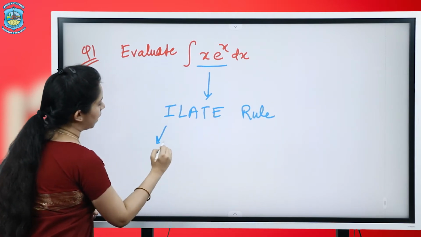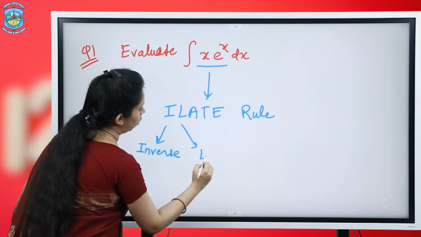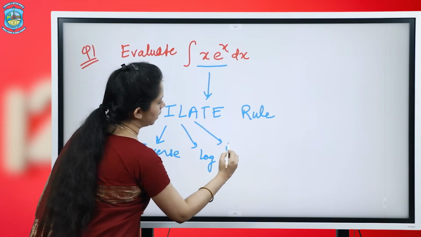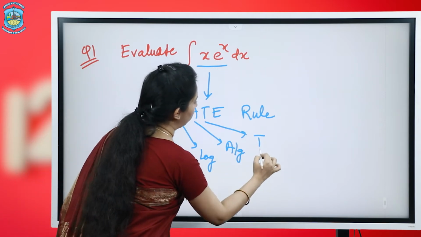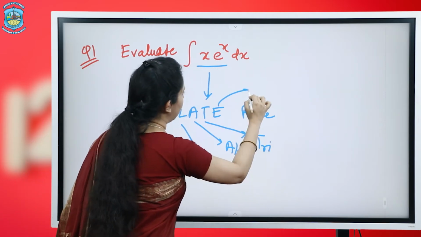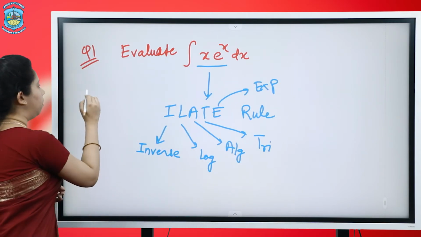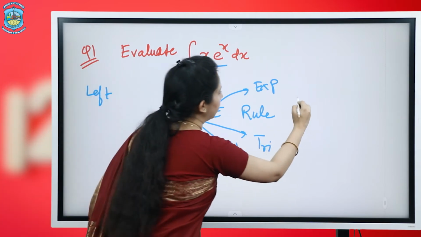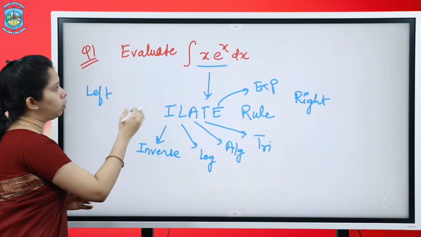I stands for inverse trigonometric, L for logarithmic, A for algebraic, T for trigonometric, and E for exponential functions. You have to move from left to right and select according to the order.